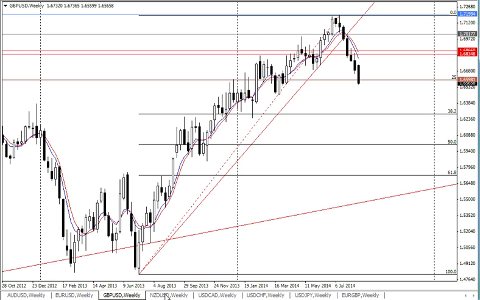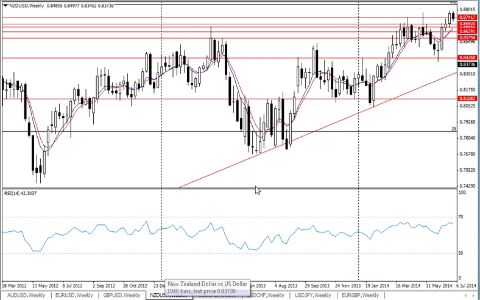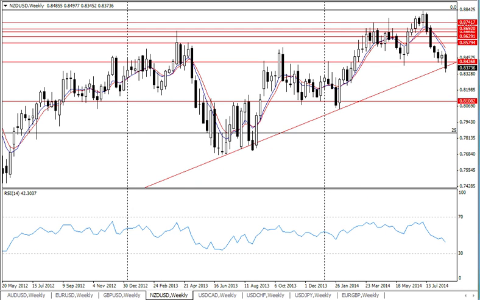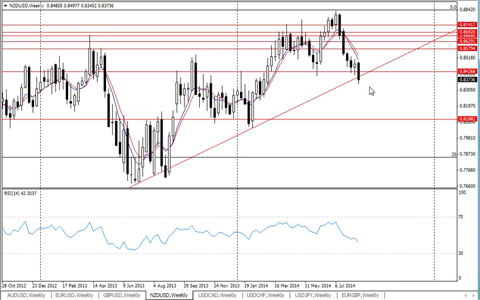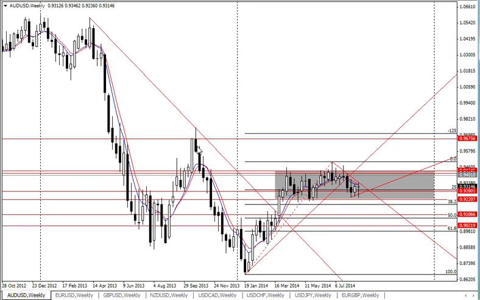All right. The Kiwi pretty much is similar to the Aussie, but it's weaker than the Aussie. It's just now reaching a close below the trend line here. We need to see what's going to happen with that. Is it going to break that low, or is it going to find a way to return? Let's look at the Aussie quickly because they're very similar in terms of how they work with the dollar.